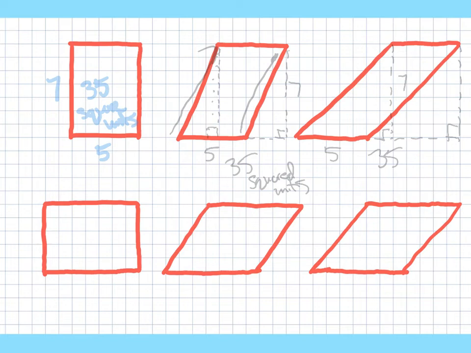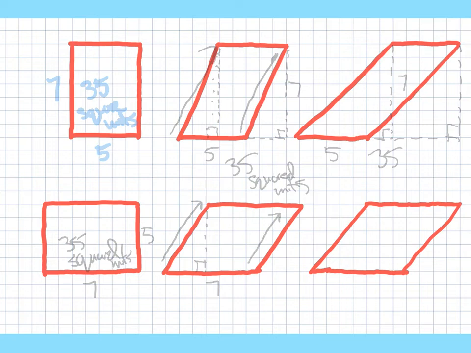What about this one? These look completely different. We've got the base of 7 by 5, and we get 35 square units. Again here, 7, but we've got to find our height. So we can climb to the top, drop a rock.